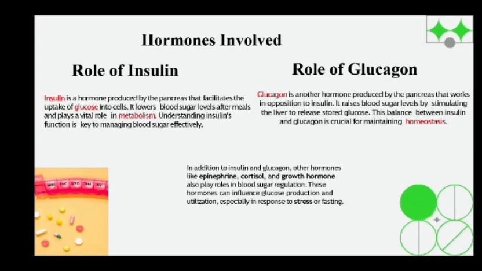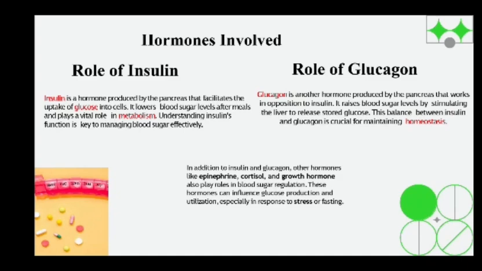Glucagon is another hormone produced by the pancreas itself that works in opposition to insulin. It raises the blood sugar levels by stimulating the liver to release stored glucose. This balance between insulin and glucagon is crucial for maintaining homeostasis.